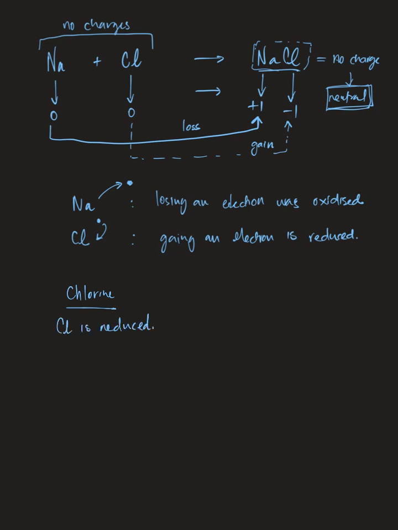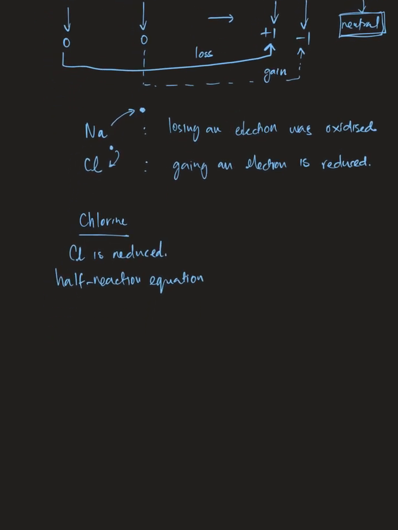So what actually happens here is I need to show this in something we call a half reaction equation. A half reaction equation. Right. So I have chlorine, and when it was reduced, it was gaining.